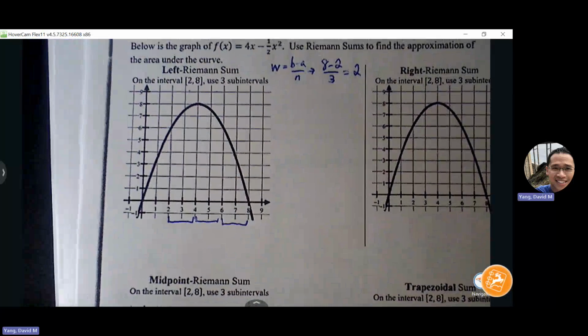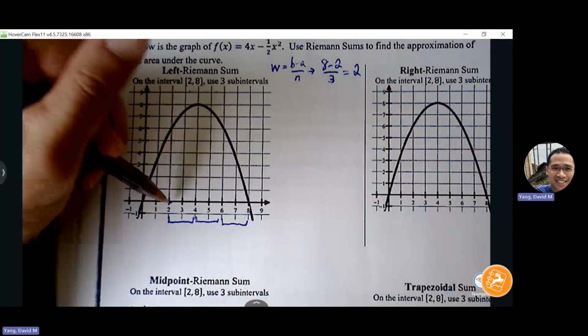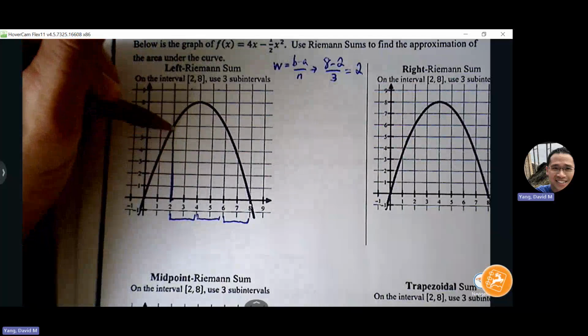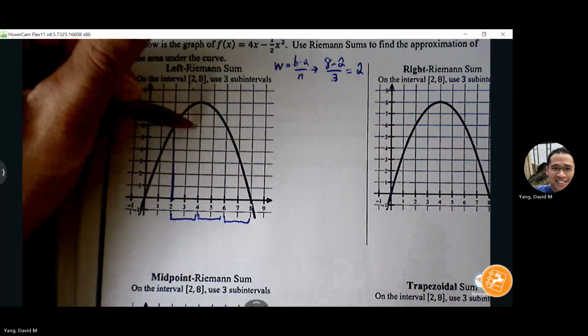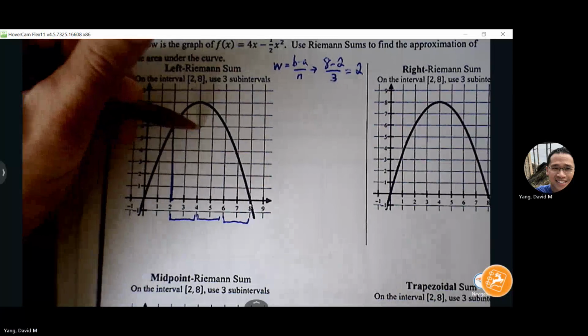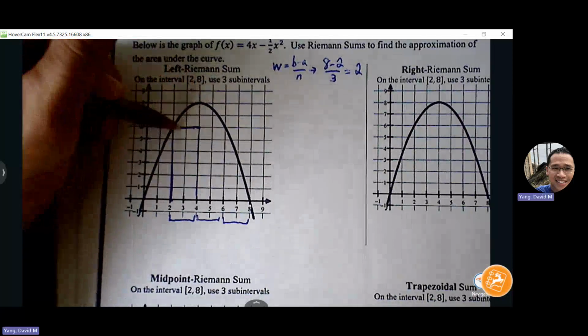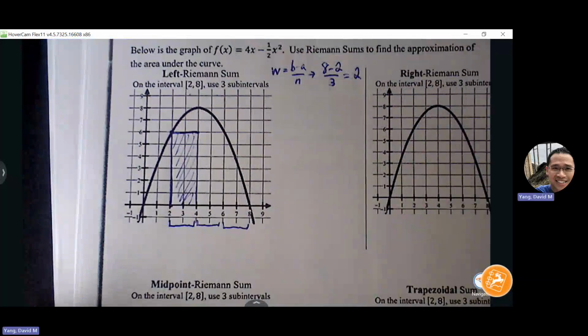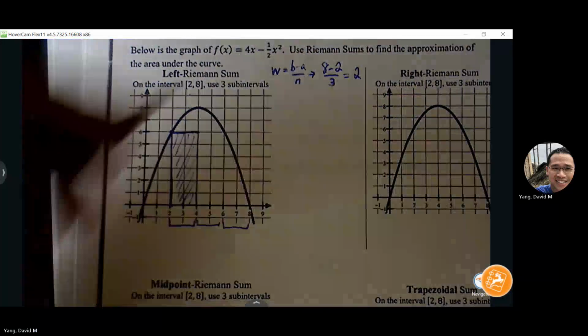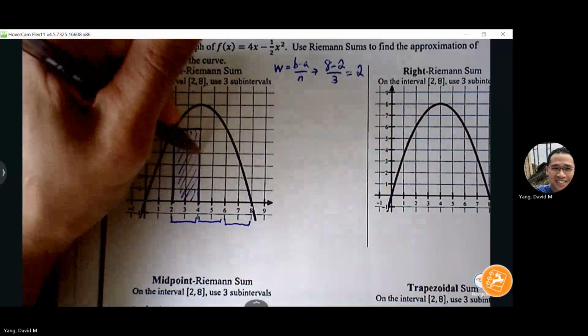For each subinterval, I want to use the left endpoint to attach to the curve, and then sketch your height across. We'll do it for each of our three intervals.